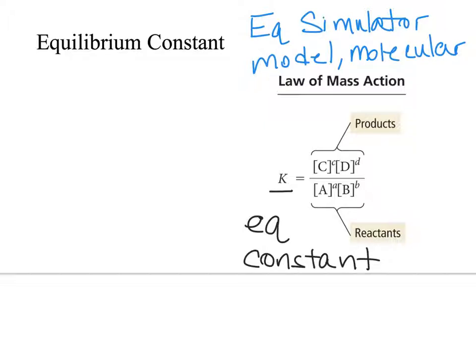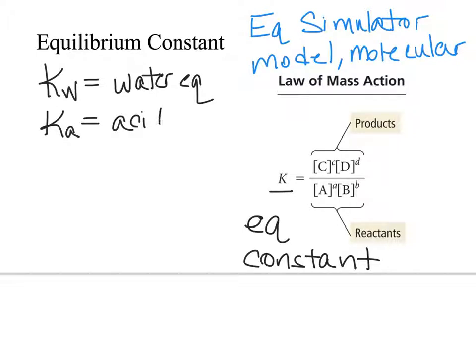You'll see a lot of different equilibriums. Kw, which is water equilibrium. And this is very important when we consider the pH scale. Ka, which is an acid equilibrium. Kb, which is base equilibrium. And we'll look at those in more detail in chapters 15 and 16.